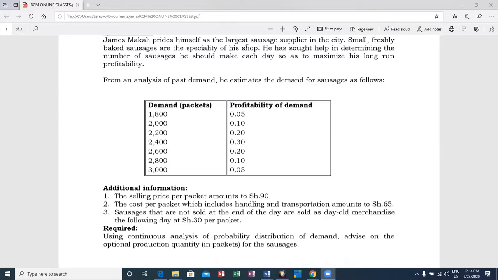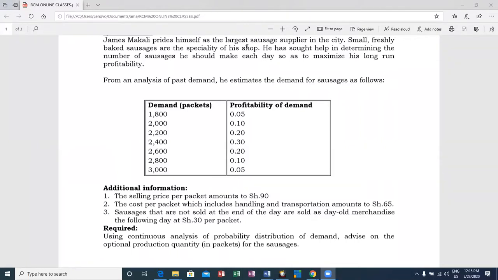So from there, come and give us the mean. The mean is the summation of all X values times their probabilities. So you sum them up. What we have here is 90 plus 200 plus 440 plus 720 plus 520 plus 280 plus 150 equals, I'm getting 2,400.